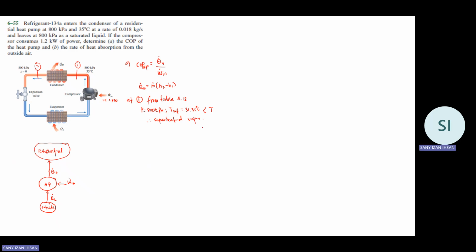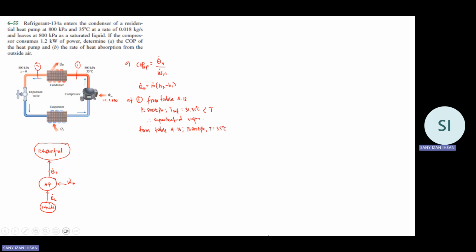Now, for superheated vapor, we can go to table A-13, the superheated vapor table. We know our properties: P equals 800 kilopascal and temperature equals 35 degrees Celsius.